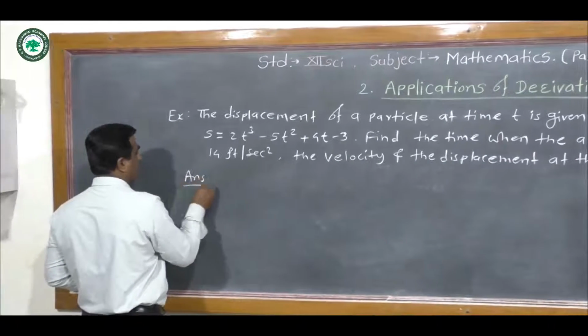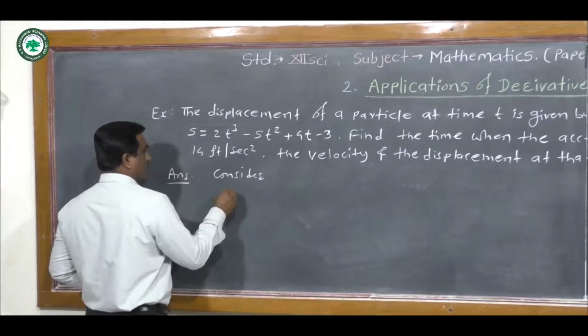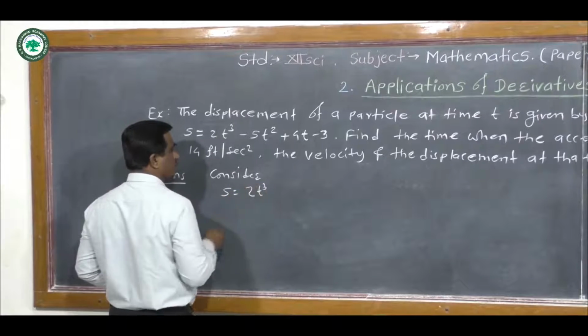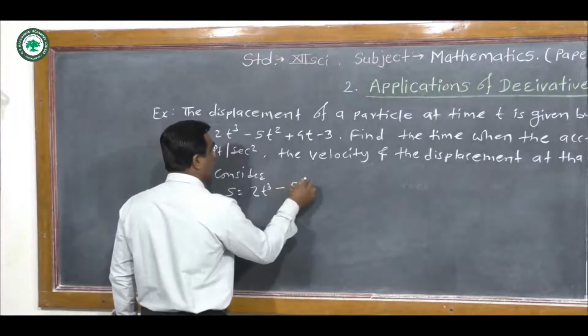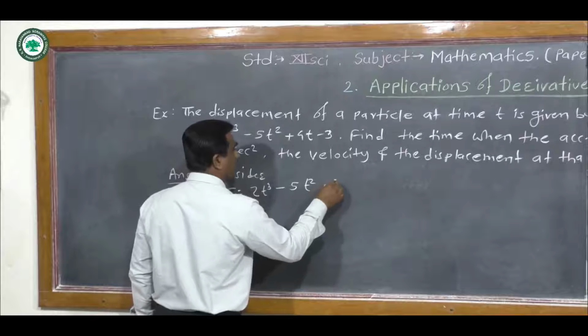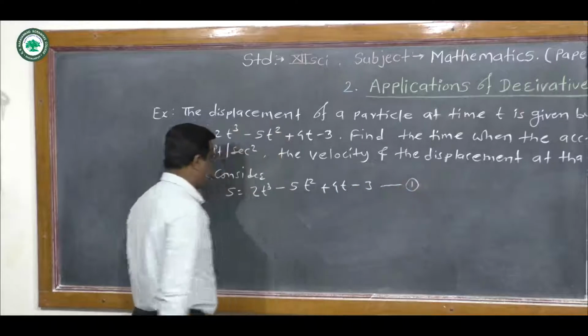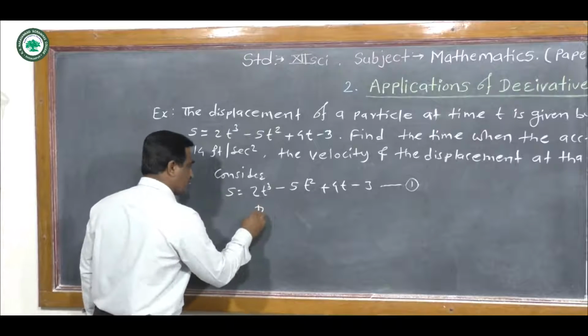Consider s equal to 2t cube minus 5t square plus 4t minus 3. This is the displacement. Now differentiate this equation with respect to t.